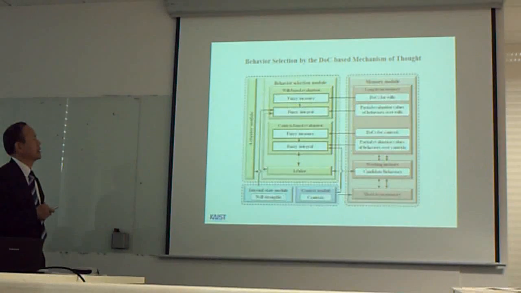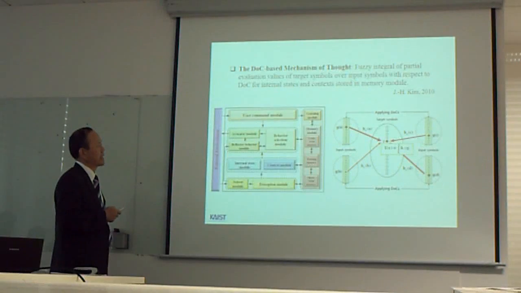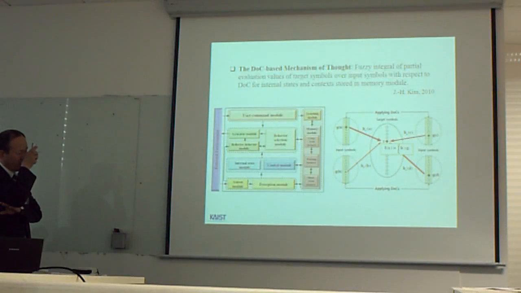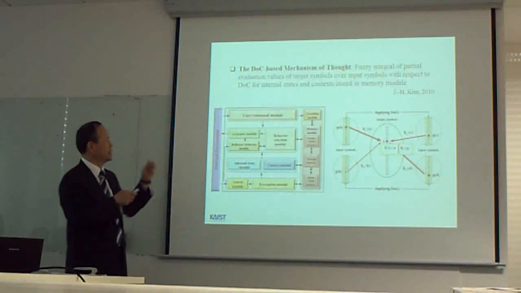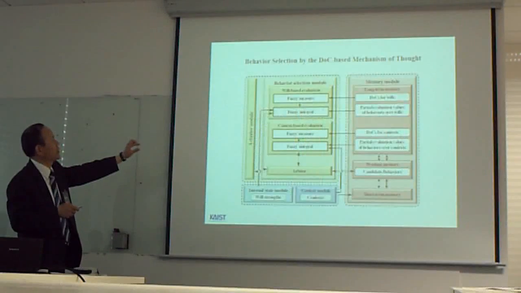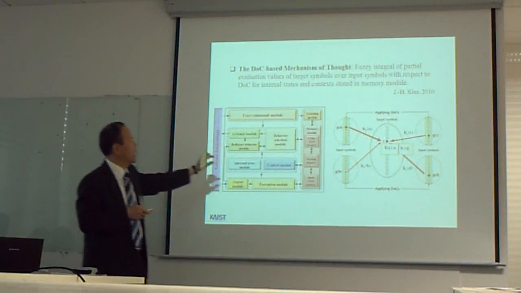Anyhow, we have some more detailed information here, but this talk is mainly for introducing my research outcomes to you. So I selected some of them, and this one is quite an abstract version of this ego-space mechanism of thought.